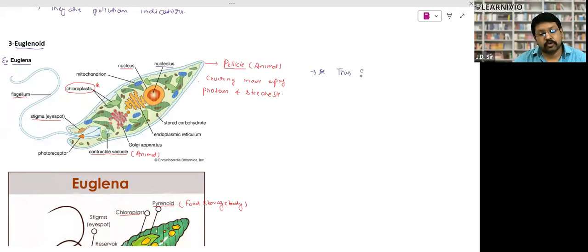This euglena is called the connecting link between plant and animals.